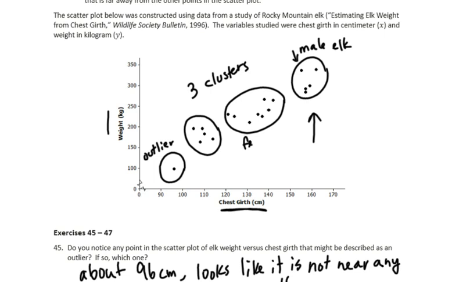So these are probably the female elk as compared to the males. This group over here is smaller than the females. This might be the young elk. So a year old, 2 years old. That could be a possible reason for their size compared to all the rest.